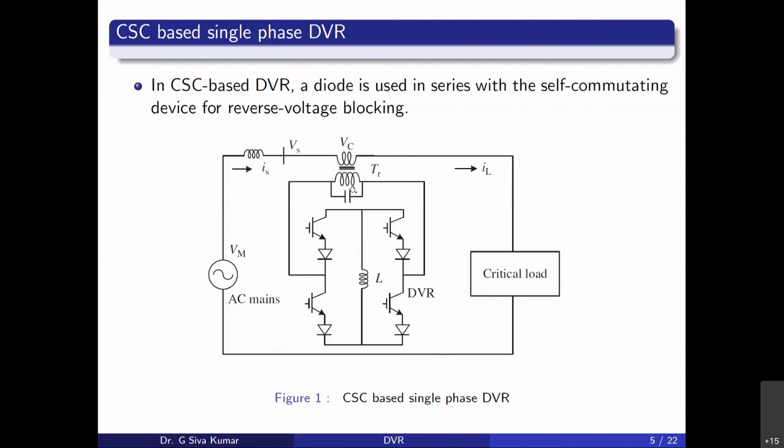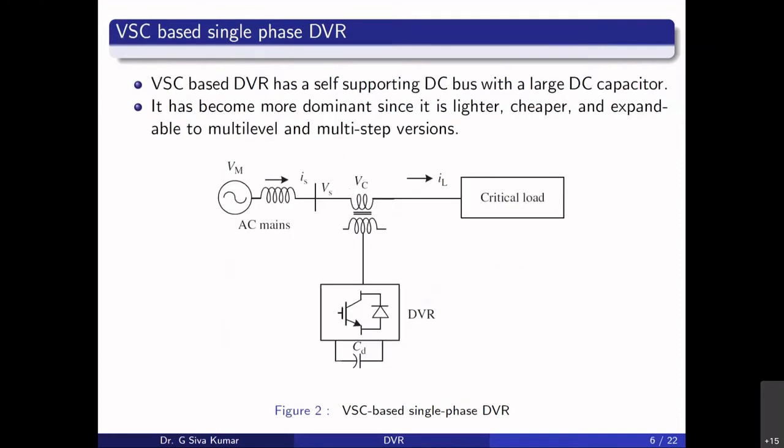Next is the typical voltage source converter based DVR, which has a self-supporting DC bus, the CD, supported by a large DC capacitor. It has become more dominant since it is lighter, cheaper, and expandable to multi-level and multi-step versions also.